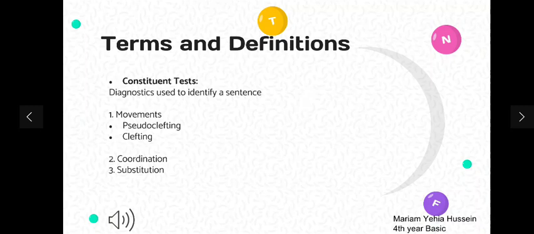After changing it, the sentence isn't stable, it can change by doing the tests of movement like pseudo-clefting and clefting, also coordination, substitution, and we have others like question exams. We will tackle only these three exams: movement, coordination, and substitution.